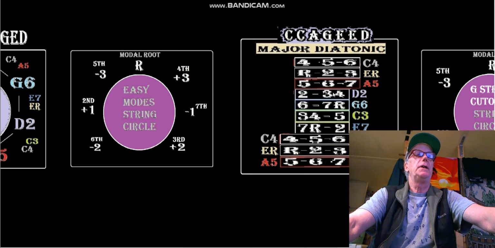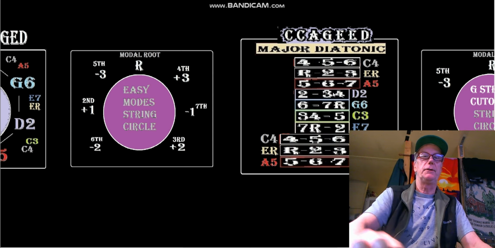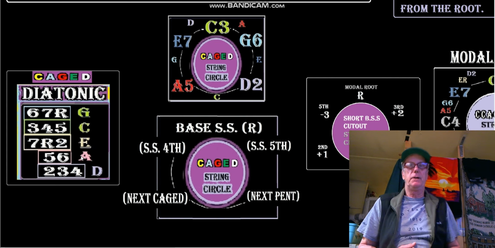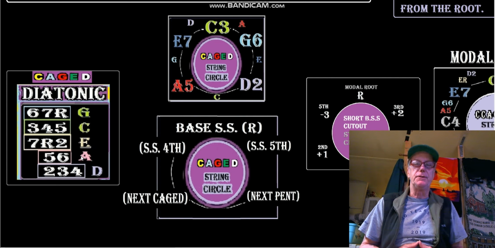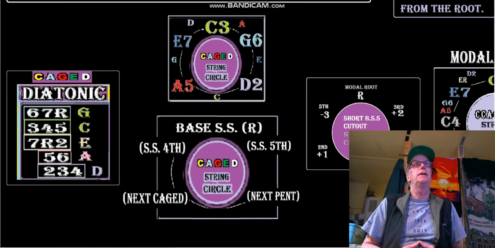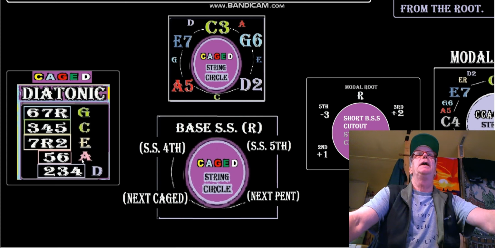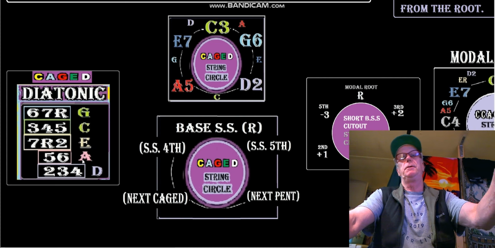The short string shapes are all the same length, except if we're looking at the short patterns. The short patterns, we have a short A string shape. And I want to say one thing relevant to today's lesson: the Mixolydian could be 5-6 or 5-6-7.